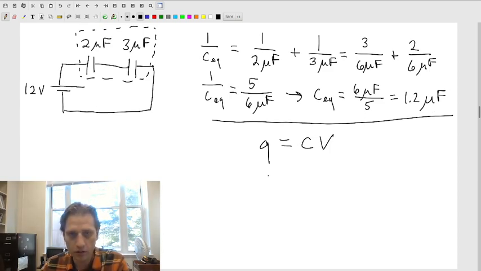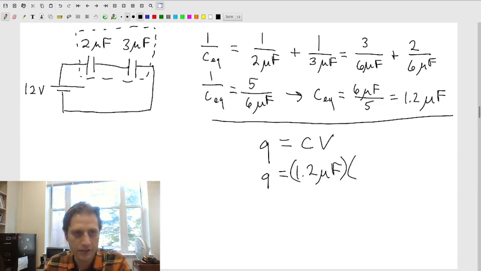So we could go Q equals 1.2 microfarads times, and then the V is the V across this pretend battery, this whole thing. Okay, so it'd be 12 volts.